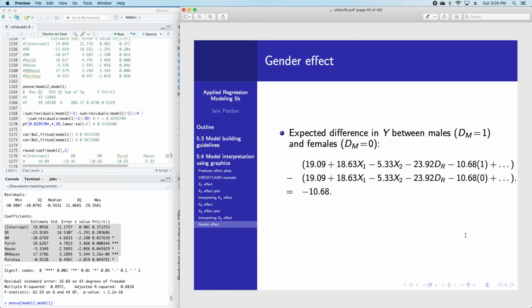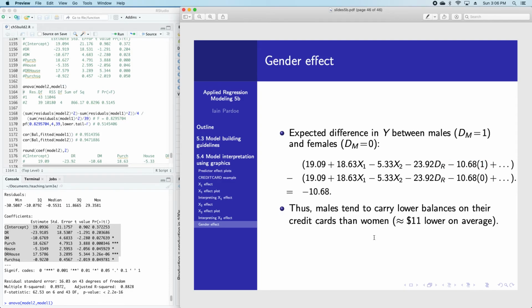And then finally, we could look at differences in Y between males and females. So run through a similar exercise, plug in D1 equal 1 and plug in D1 equal to 0. Take the difference between the two equations. A lot of it cancels out. In fact, everything cancels out except this term here.